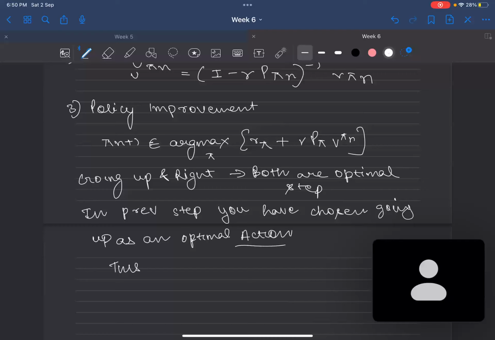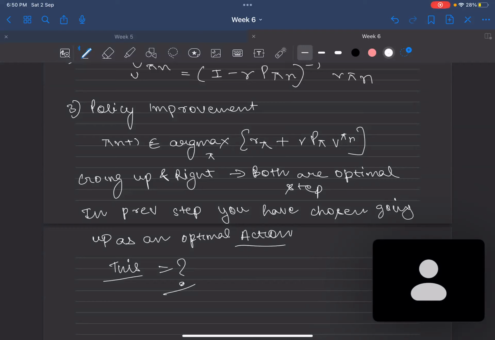Now in this step also you have both the options, then which one can you choose? You can choose both, or right or up. Can someone tell me? Up. Retain the policy. Yeah.